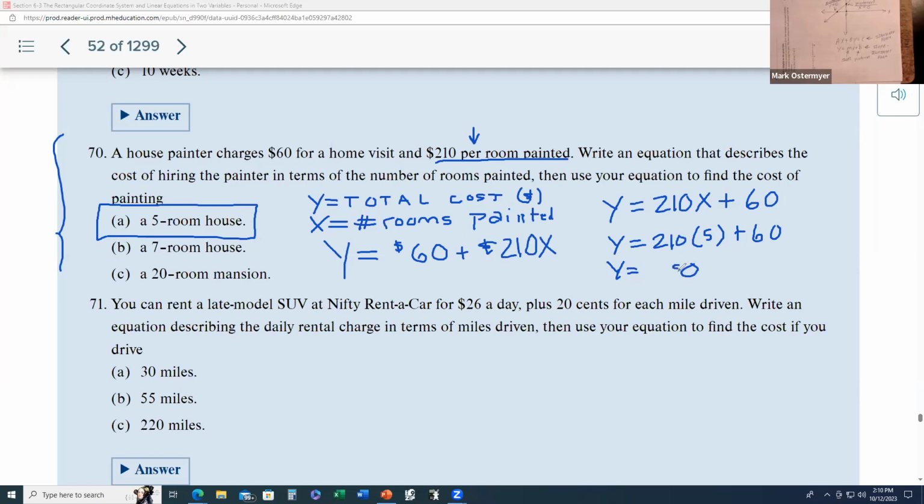Well, it's going to give us a hefty price here. What's that? $1,110? Is that correct? Wait a minute.